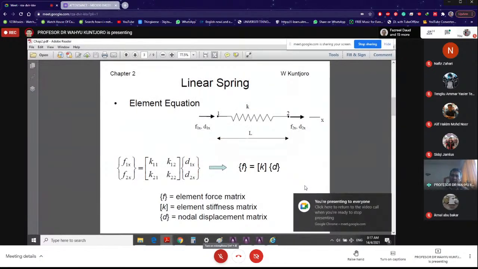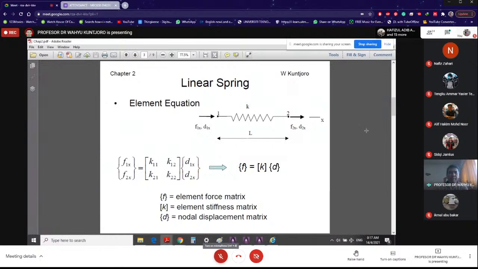All right, so this is what we have here. Yesterday we talked about this linear spring, and that is our element equation for spring. As we have here, we got two nodes, node 1 and 2 in this element, and you have also forces and displacements at those two nodes.